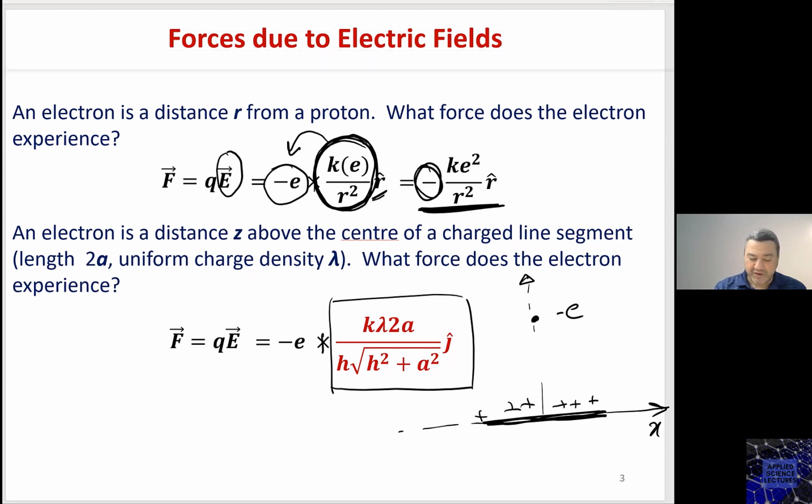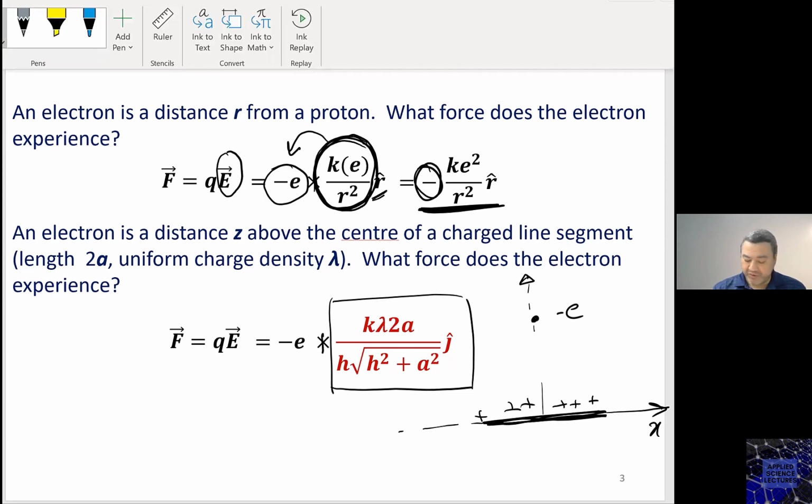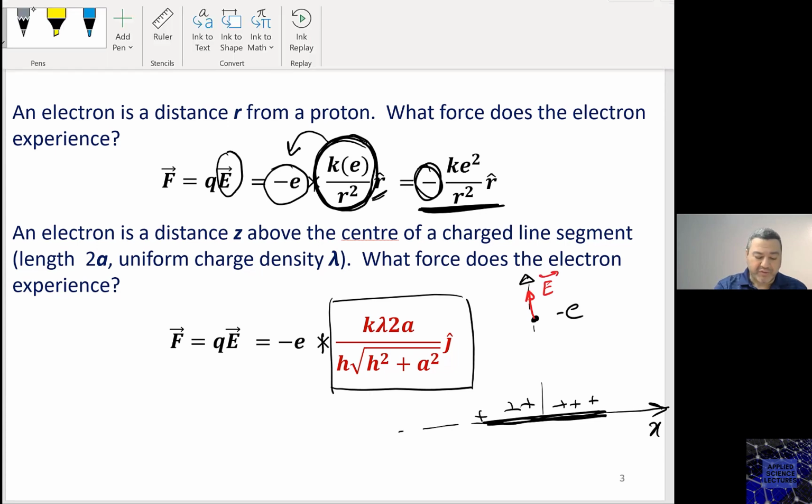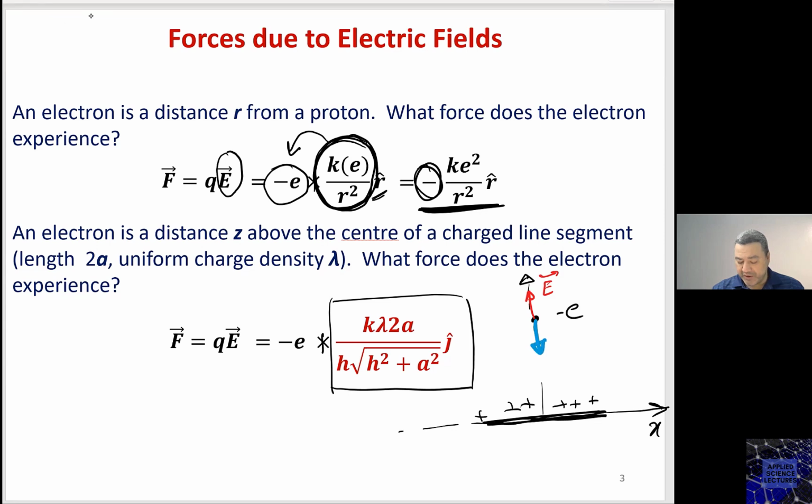Then the electric field generated at this location is pointing upward, and the electric force exerted on the electron, because it's negative, would be pointing in this direction. And we can conclude this from this expression, where this is the electric field due to the line of charge times the negative charge for the electron. Then this gives me a force that is in the opposite direction of the electric field.